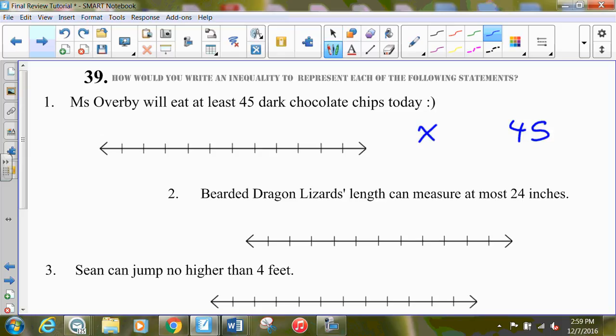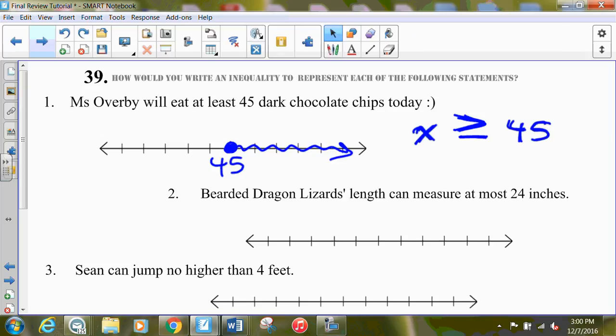If I'm going to eat at least 45 dark chocolate chips today, that means that I could eat exactly 45 chips, or I'm going to eat more than that, right? We read this as x is greater than or equal to 45. So I'm going to eat either 45 chips or more than 45 chips. And when we graph it, we're going to put a filled-in circle and shade to the right.